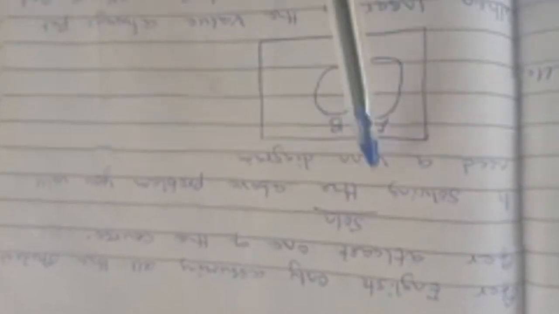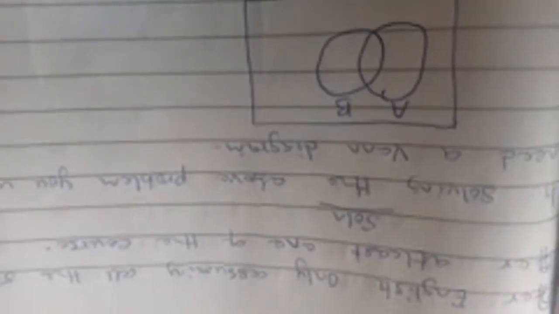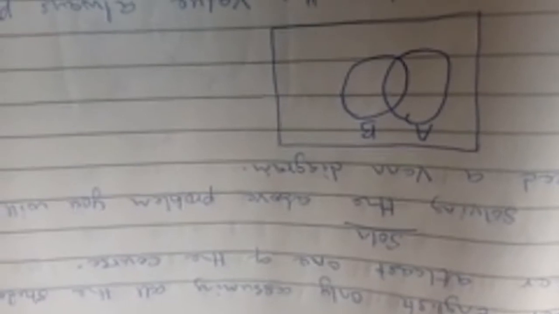What you have to take note of very much is that since we have mathematics and English, the first thing you must put is the intersection, that is those that offer mathematics and English.